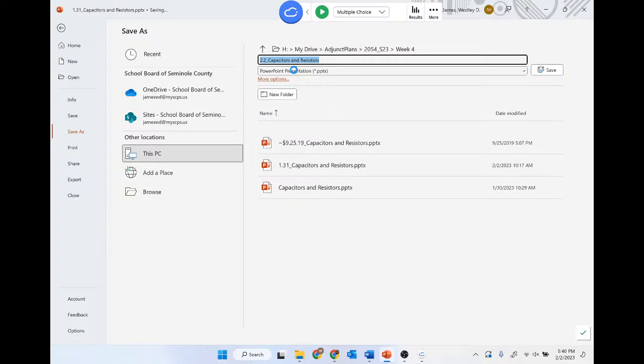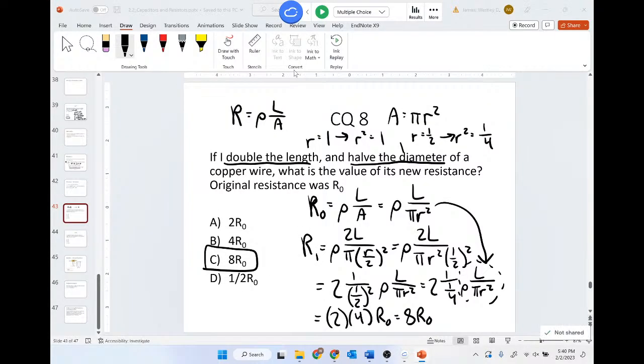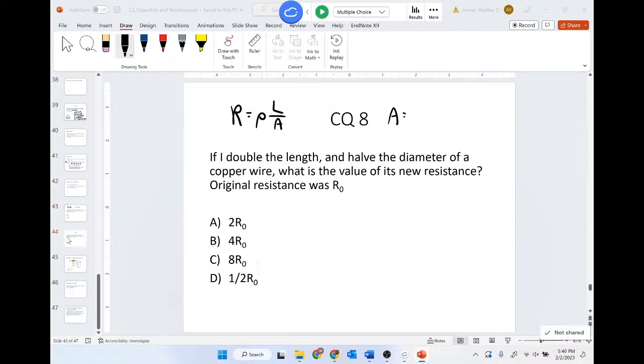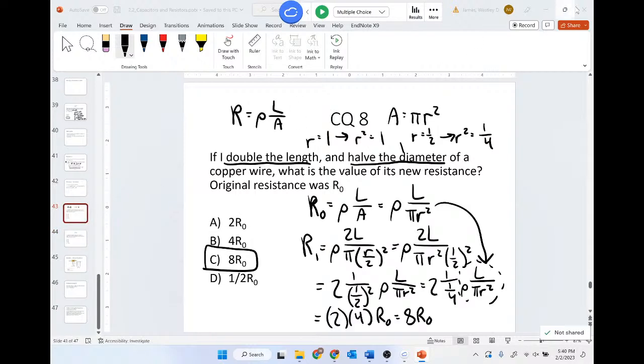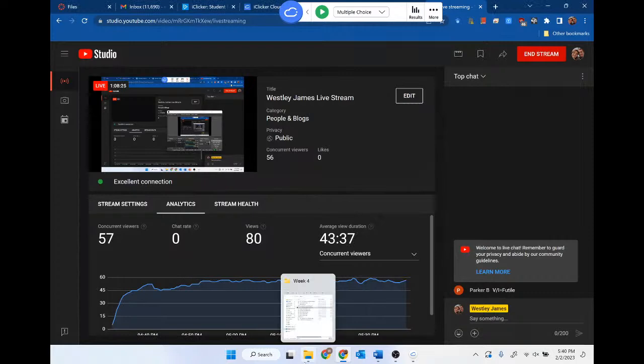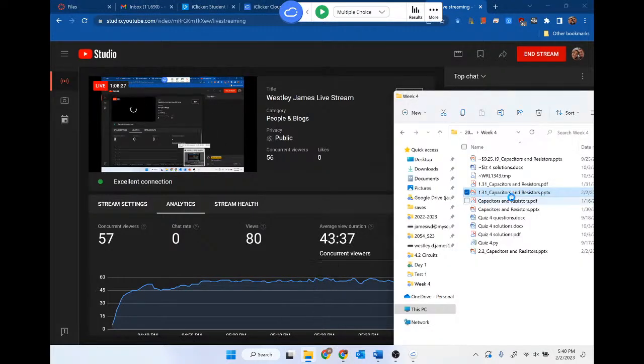This is a good point to actually note here as I'm saving this. You all will notice that I upload the files as both a PowerPoint and a PDF. The reason I do that is because all this writing, for whatever reason, takes up a lot of storage, and it also doesn't look the way you would expect. So if you ever want to see exactly what my writing is, I've put the PDF for that exact reason. Please make use of it.